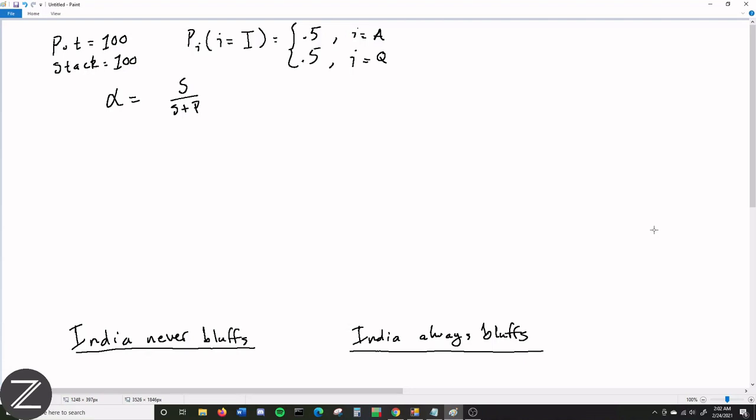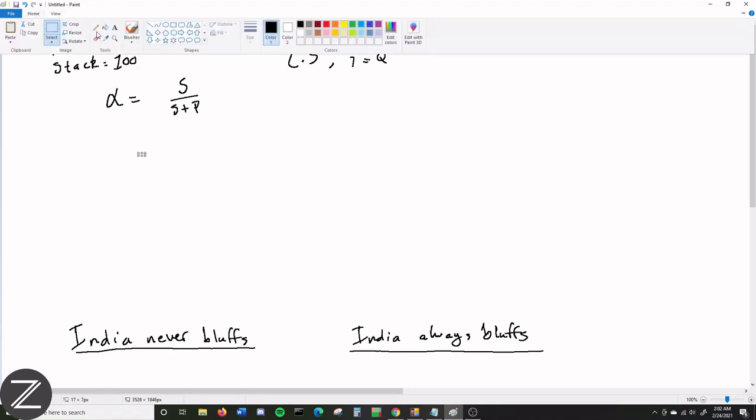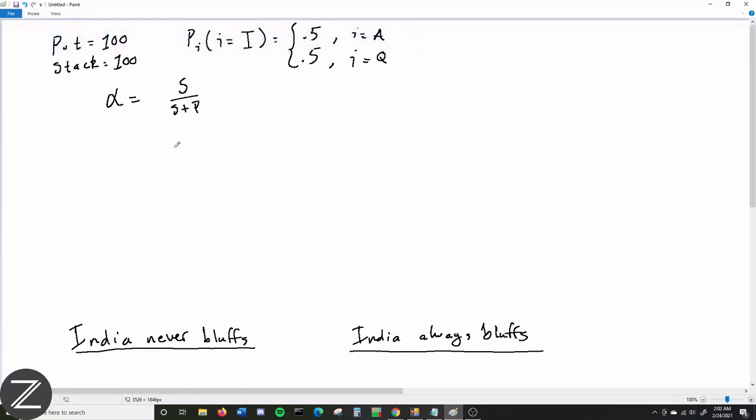Alpha is simply calculated by the size of the bet over the size of the bet plus the pot size. So in this scenario, alpha is 100 over 200, which is just 1/2. So alpha for a pot size bet is always going to be 1/2.